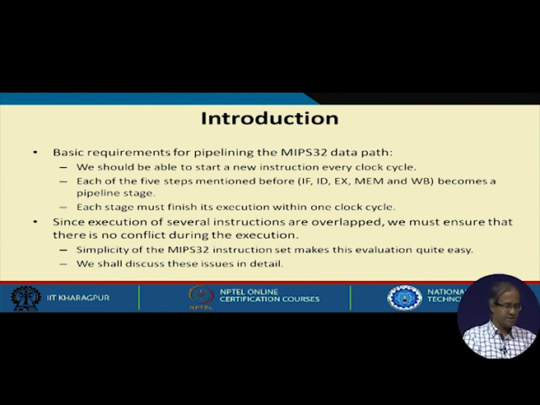We shall also see that there will be conflicts, but the analysis and some solutions to avoid them become quite easy because of the simplicity of the MIPS 32 RISC instruction set. So, we shall be discussing these issues in some detail subsequently. Okay. Fine.